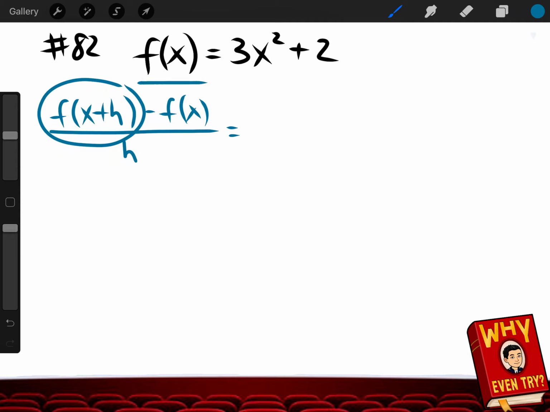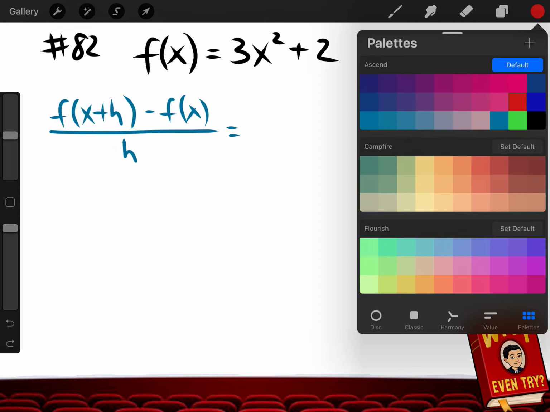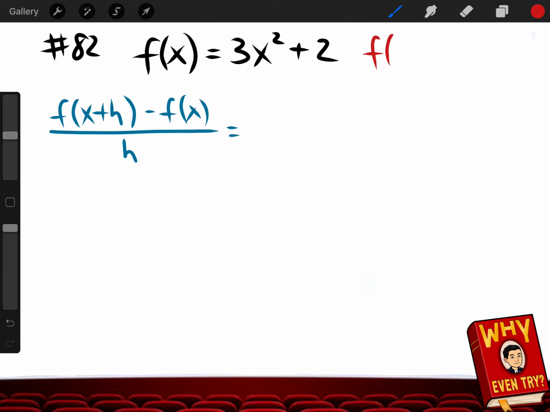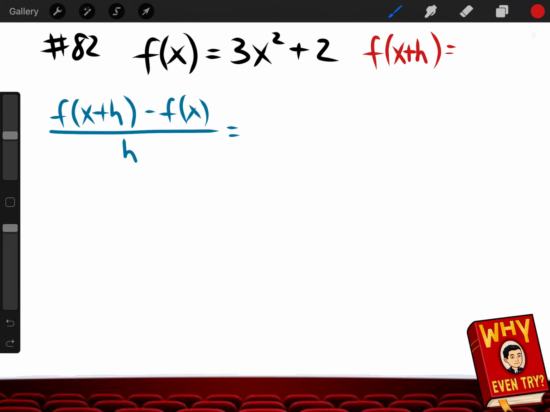When f of x equals 3x squared plus 2, what I should do first is rewrite what f of x plus h is. So you're going to have to sub in x plus h into x. So this is how it will look: 3 times x plus h squared plus 2.